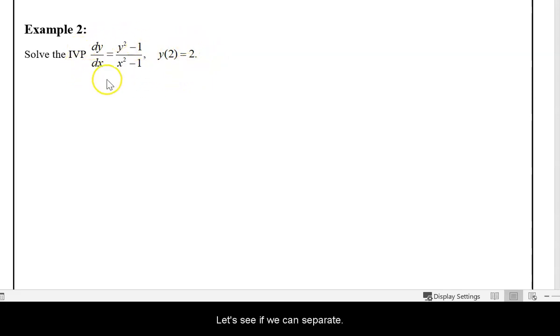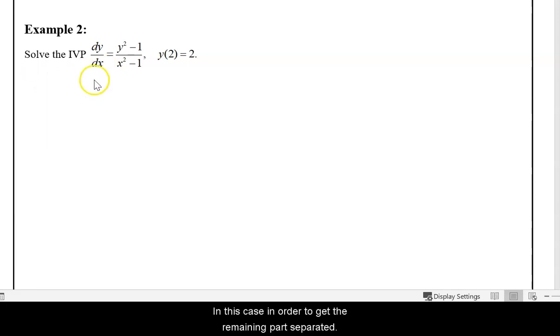Let's see if we can separate it. If we can separate it, then we can also look for the equilibrium solutions at the same time. It's already been solved for the first derivative dy/dx. Remember that separating only works on first order ordinary differential equations.